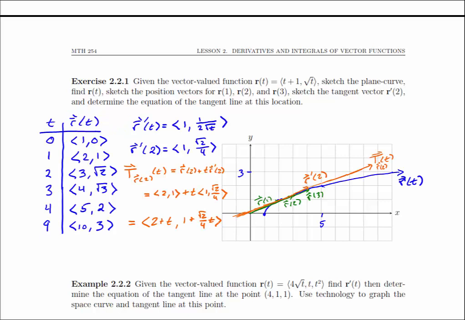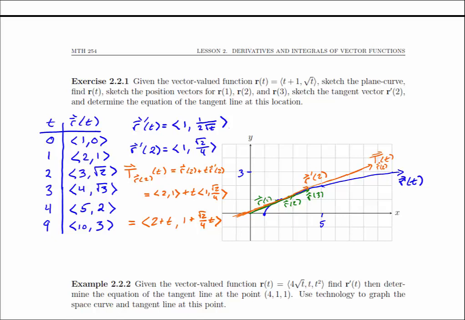Okay, so a few minutes has gone by in my time, but for you, the solution just magically appeared here. So let's just run through this. I have plugged t-values into my function to come up with my vectors for my space curve. So I've drawn r of 1, r of 2, r of 3. I've connected my points to get my space curve r of t here.